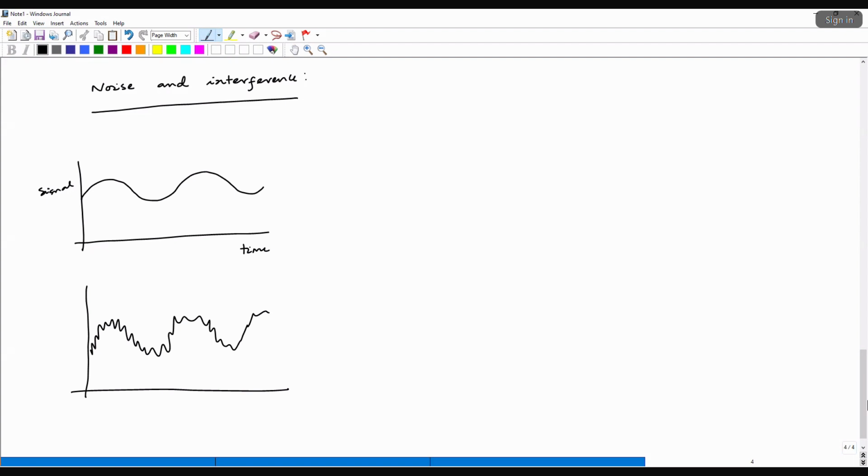Whereas interference is basically an undesirable but deterministic trend on the measured value.